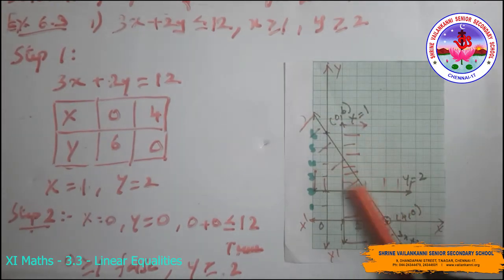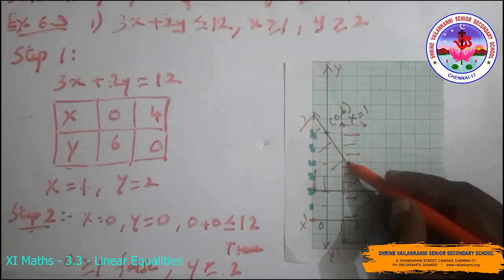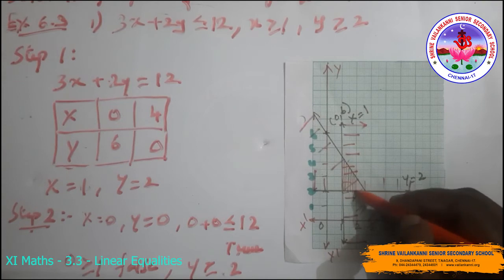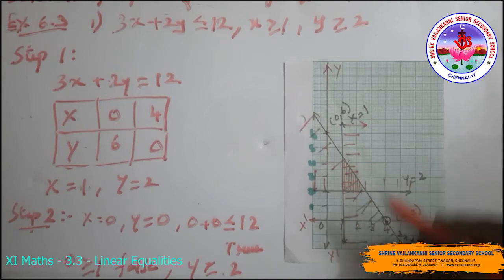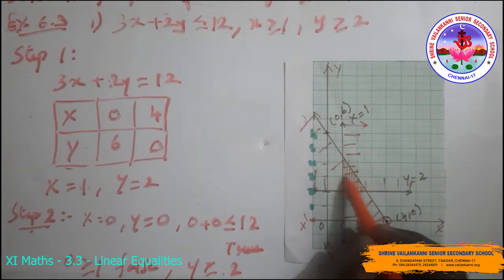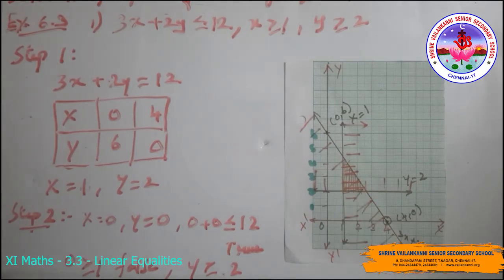So the common region of these three inequalities is this part. Hence the solution of the given system of linear inequalities is represented by the common shaded region, including the points on the respective lines.